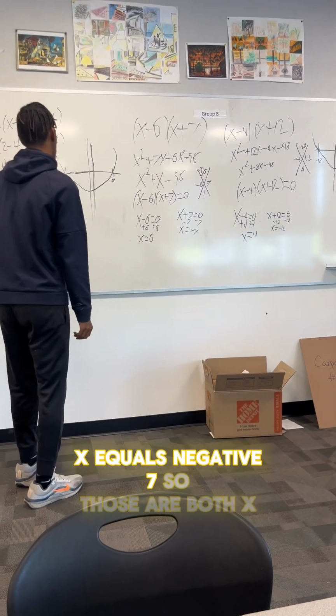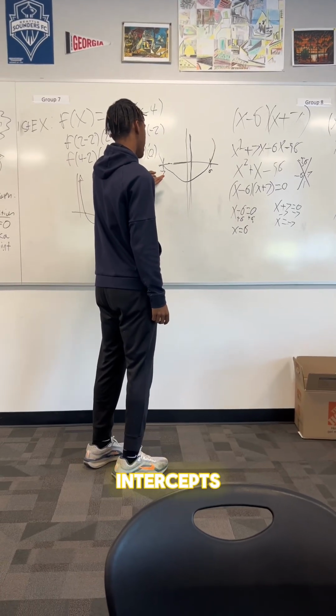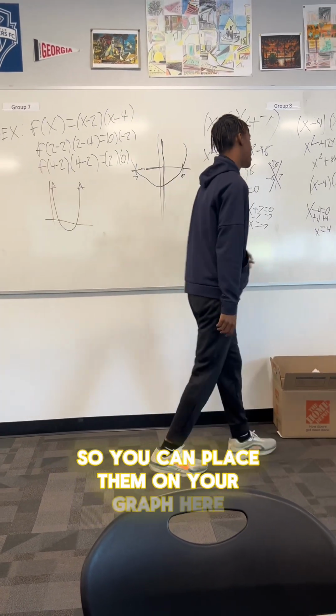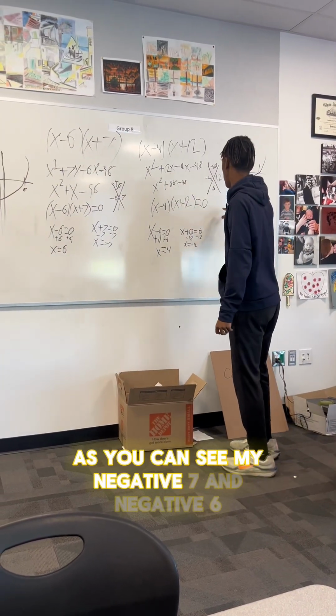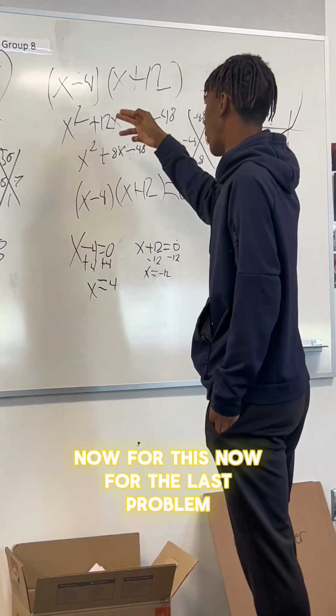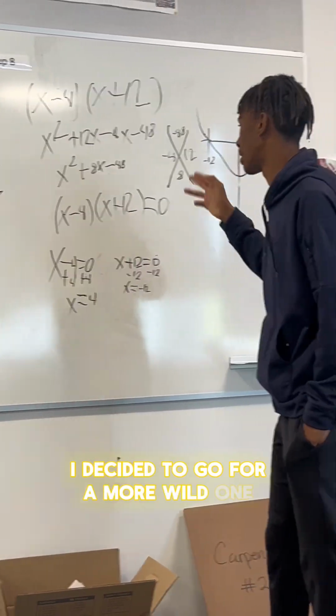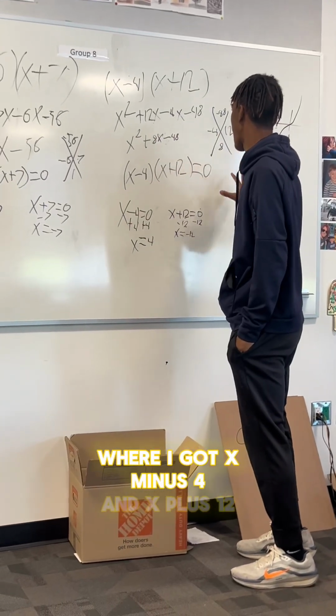So you can place them on your graph here. Now for the last problem, I decided to go for a more wild one, where I got x minus 4 and x plus 12. This problem is going to be a little longer.